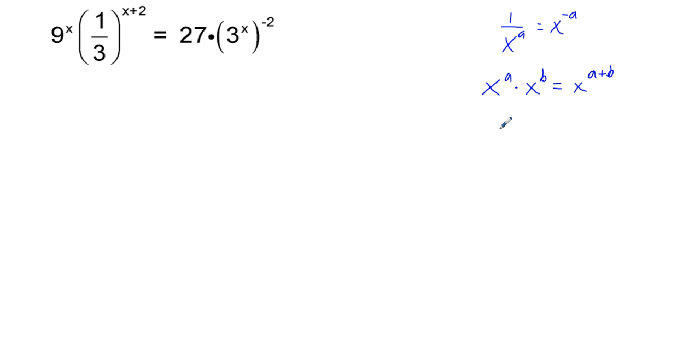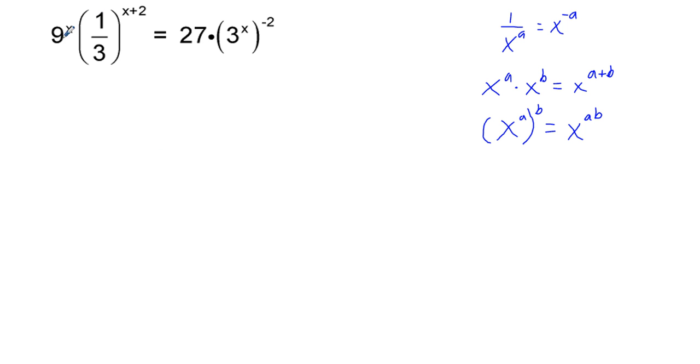And finally, we're going to use the power of power rule, and that is that if we have x to the power of a, and outside of that we have a b, raised to the power of b, that's going to be x to the power of a times b, or ab. So using these rules, we're going to be able to solve this problem.